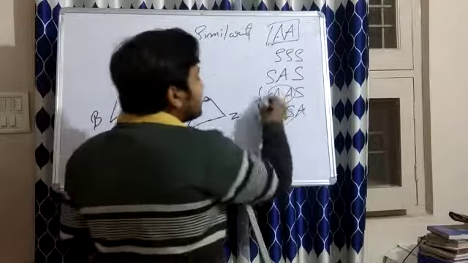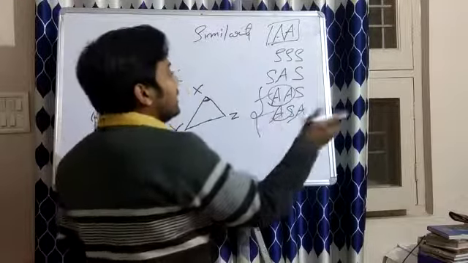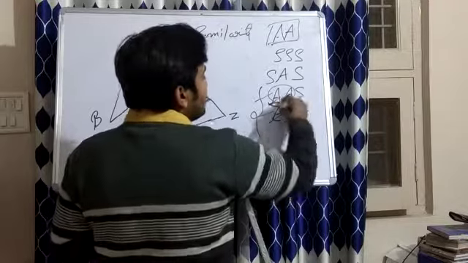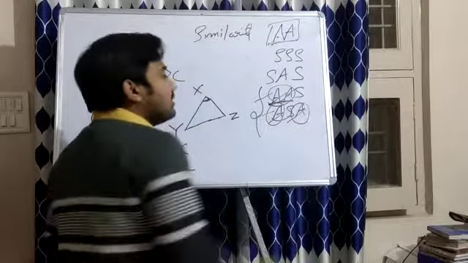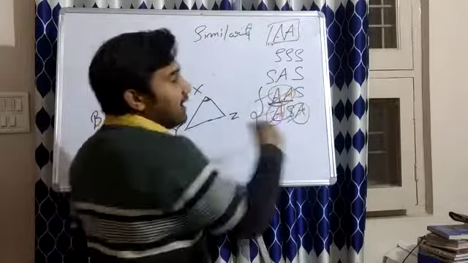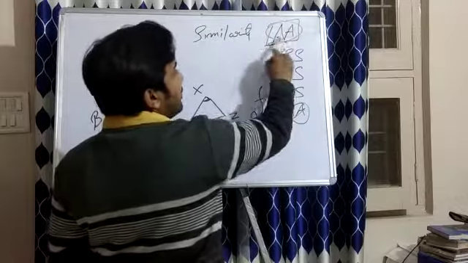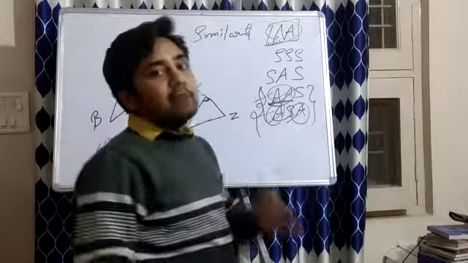So therefore these two cases are absolutely redundant. Why? Because we have already factored in or included the two angles. These two postulates are no different from this postulate, because here we have also included these two angles.